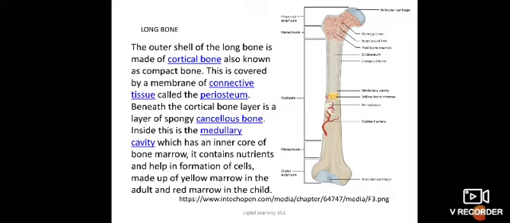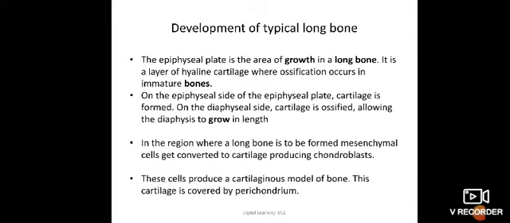Beneath the cortical bone, there is a layer of spongy cancellous bone. Inside this is the medullary cavity, which has an inner core of bone marrow. It contains nutrients and helps in the formation of cells, made up of yellow bone marrow in the adult and red bone marrow in the children.